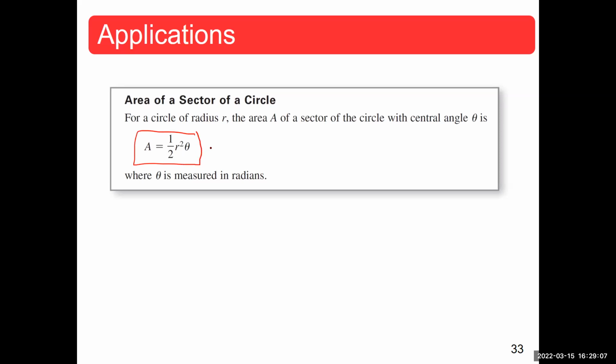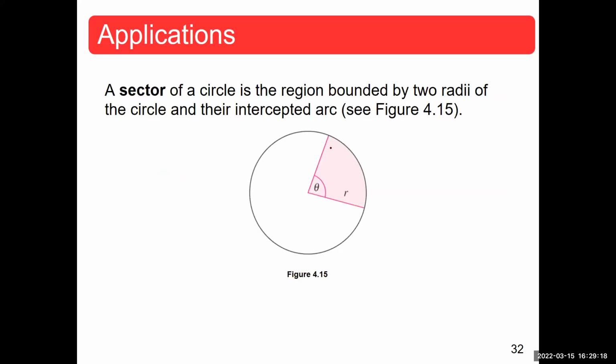Also, theta should be in radians. So the area of a sector is half r squared theta, the one highlighted with purple. If theta is given in degrees, we convert to radians. If we know r, we can find the area of a sector.